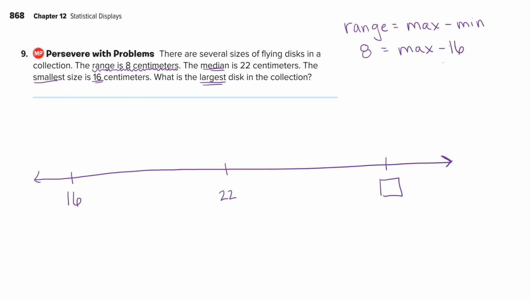So now I'm going to add 16 to both sides, and the maximum equals 8 plus 16, which is 24. So the largest disc in the collection is 24 centimeters. This is a tricky problem because they were actually trying to get us off target here by giving us too much information. We really did not need to know that the median is 22 centimeters.